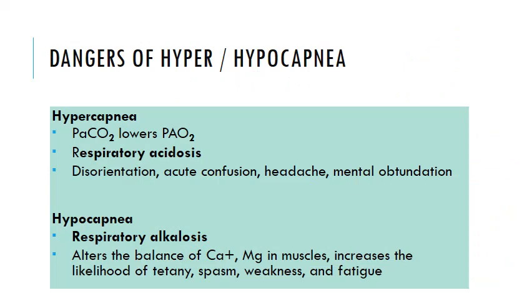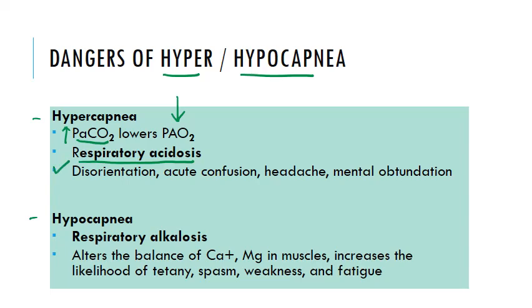It's important to understand the dangers of hyper and hypocapnia. Let's go through them really quickly. Hypercapnia, we know, inherently has to do with an increase in PaCO2, which results in a respiratory acidosis. Indirectly, we know from the alveolar equation that this lowers the alveolar concentration of oxygen and can result in hypoxia.